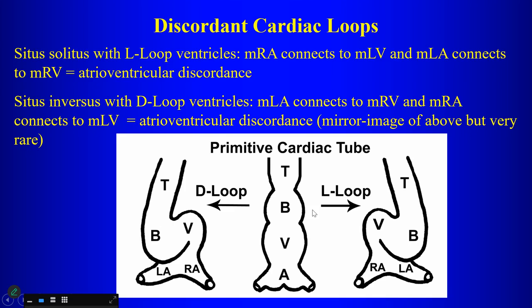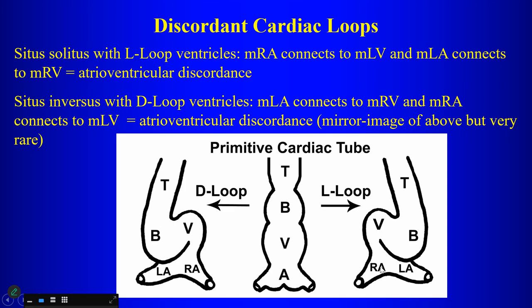But what if the ventricles do an L loop here? Then the morphologic right atrium connects to the morphologic left ventricle, and the morphologic left atrium connects to the morphologic right ventricle. Now we have discordant atrioventricular connections, right?